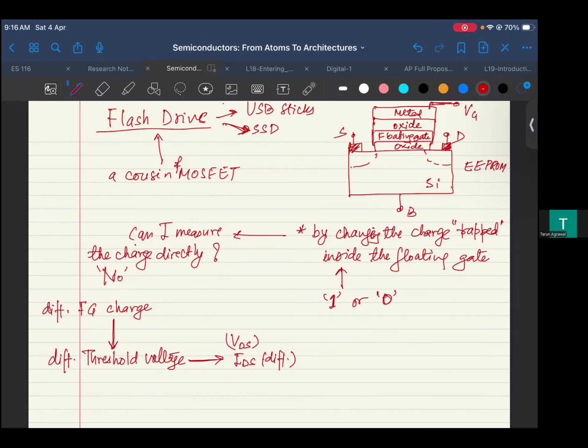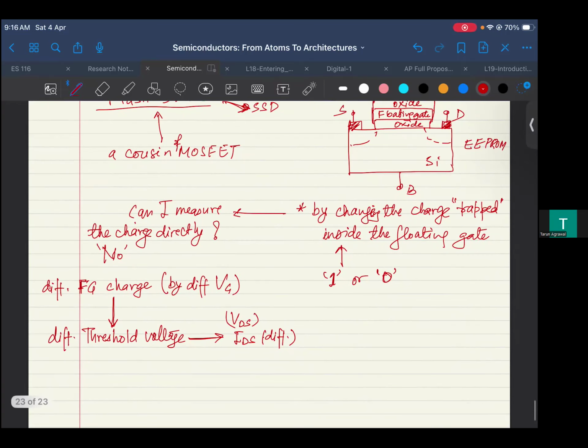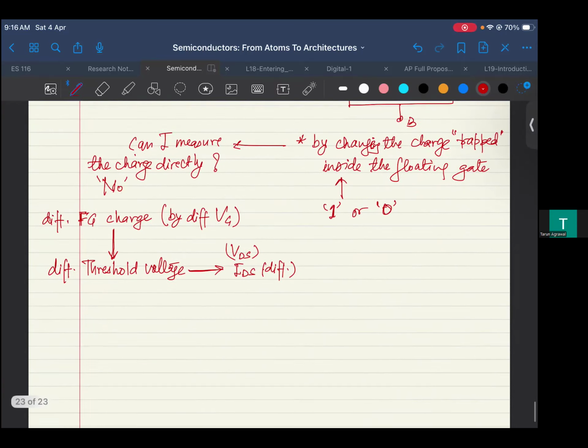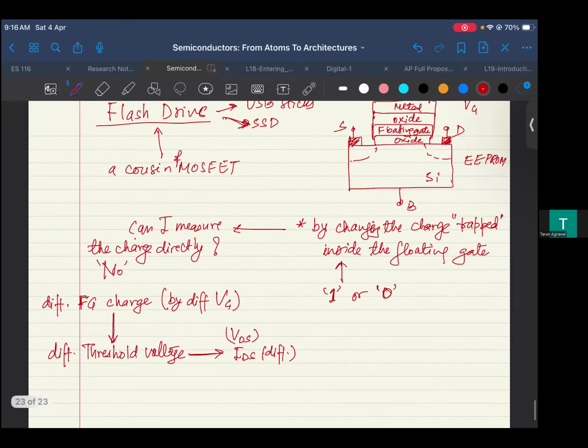So you see this so beautifully: from the floating gate charge, by trapping the charge, which is done by applying different VG, that's how you change the state of your memory, by how much charge you have in the floating gate. So this is the basic idea.